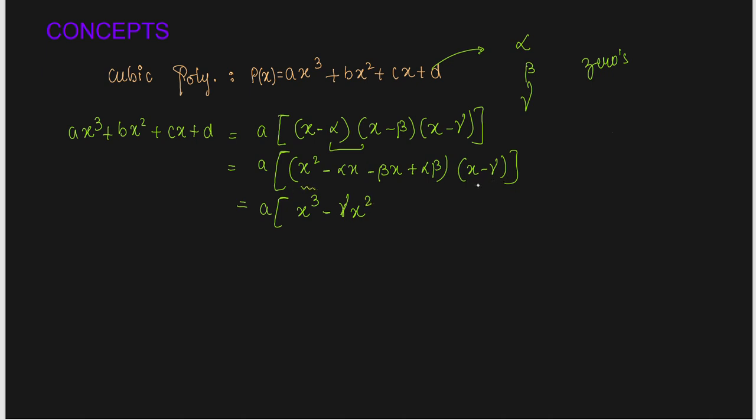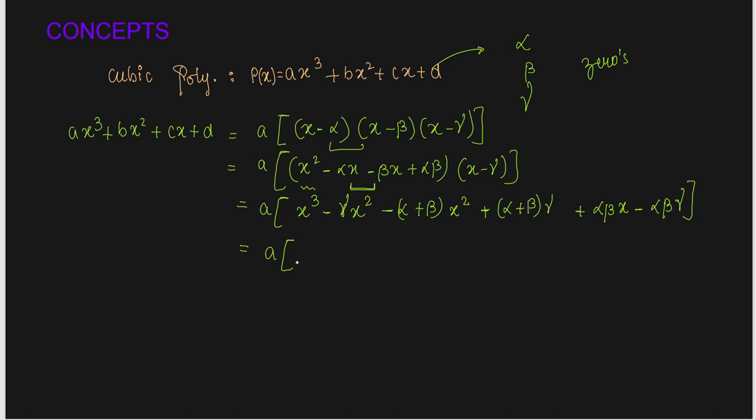I'm multiplying this by both, that means minus of alpha plus beta, x will turn out to be x square, and minus of alpha plus beta times minus gamma, so it is turning out to be plus gamma. Then plus alpha beta x minus alpha beta gamma. You can just multiply these up, you're going to get the same thing out.